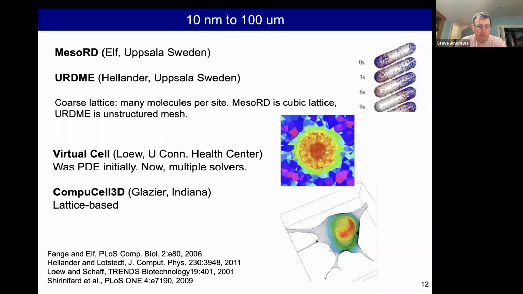That was a PDE solver, so deterministic, but spatial, with these kinds of finite elements that get solved for. Virtual Cell has now expanded to have lots of solvers in there, but it was originally a PDE solver. There's also CompuCell 3D, which is a lattice-based multi-cell simulation. If you have any questions, by the way, jump in and ask.